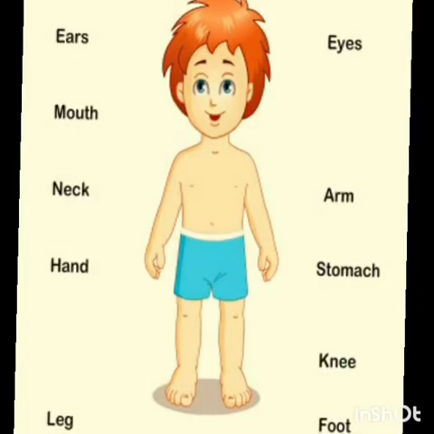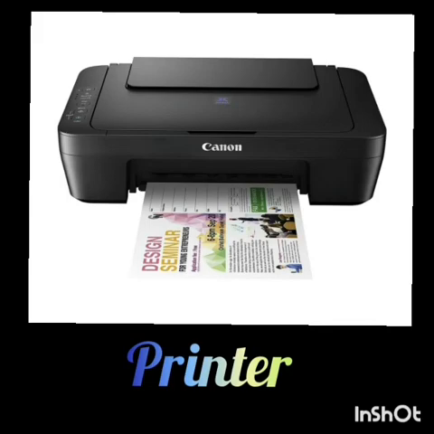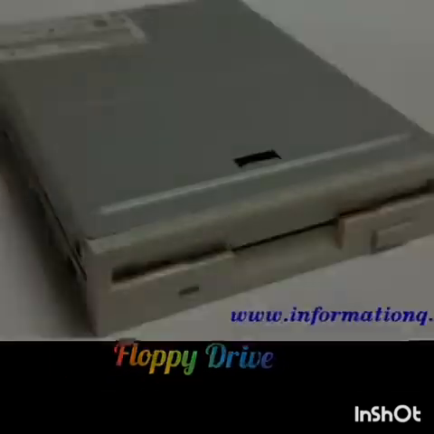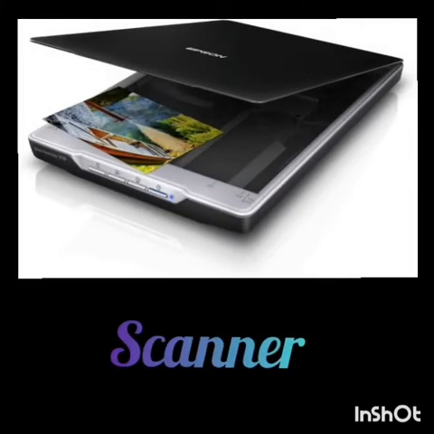As we have different body parts like eyes, hands, ears, legs, etc. to perform various actions, in the same way, a computer also has different parts to perform different actions. Besides the main parts, we also use a printer, floppy, CD-ROM, speakers and scanners.